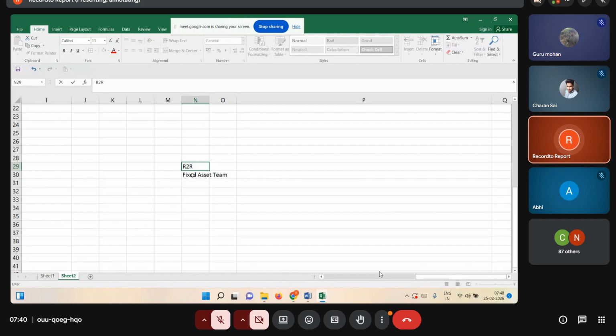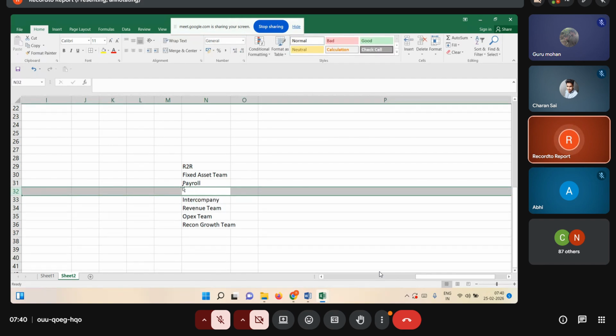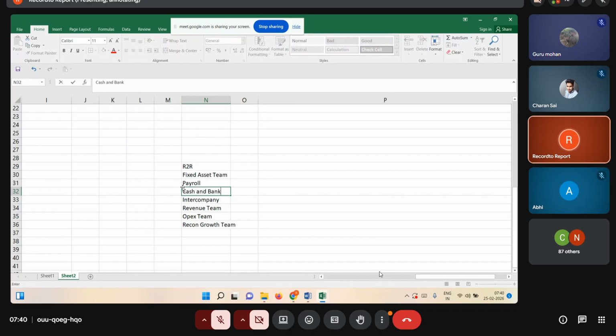Under that, we have different teams like fixed asset, payroll, intercompany, recon, revenue, OPEX, and recon growth team, guys. Sorry, one more team I missed: cash and bank team.